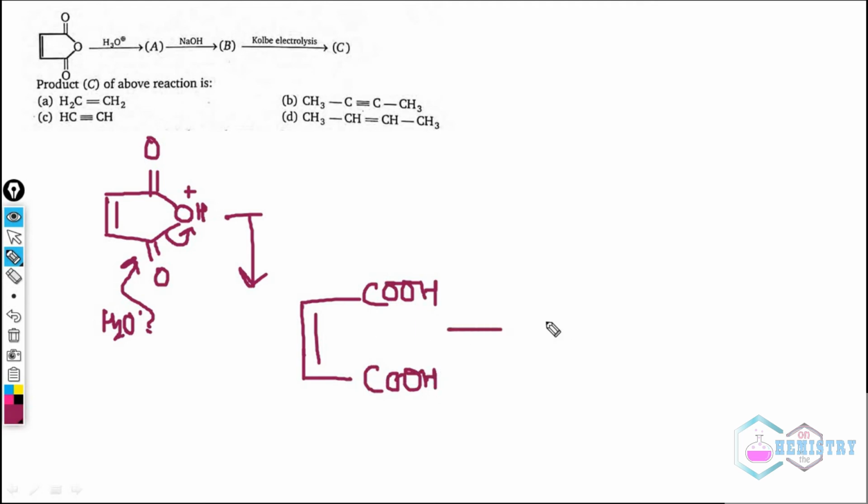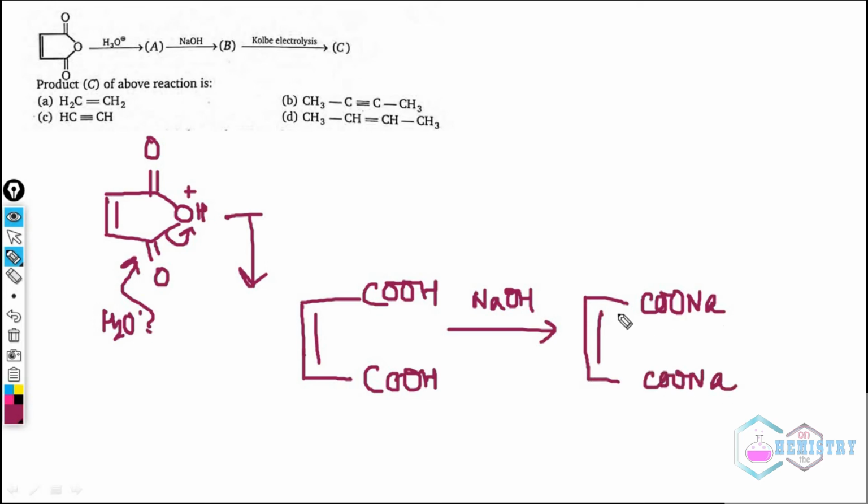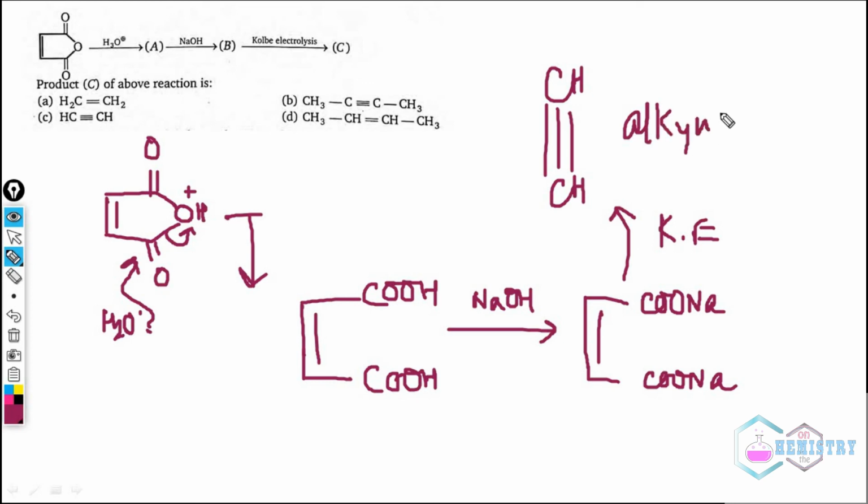Now this, on treatment with sodium hydroxide, will form the salt of this dicarboxylic acid, and this dicarboxylic acid salt on cold base electrolysis will form an alkyne, and this will be acetylene. Now how does cold base electrolysis work basically?